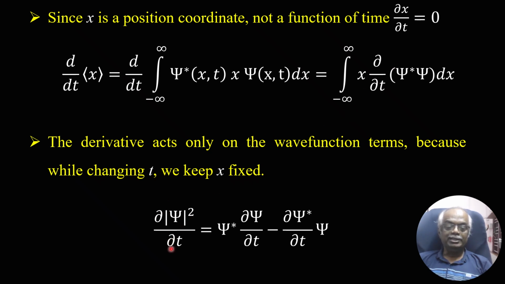So the partial time derivative of modulus psi squared. Take psi star as it is, then delta psi over delta t, plus delta psi star over delta t times psi. So this is the time derivative of modulus psi squared. In the middle term, we have not taken x. We pulled out the x outside this differential operator because this x is independent of time.